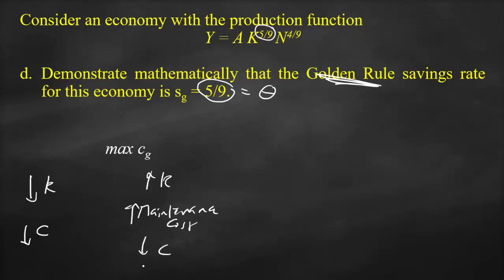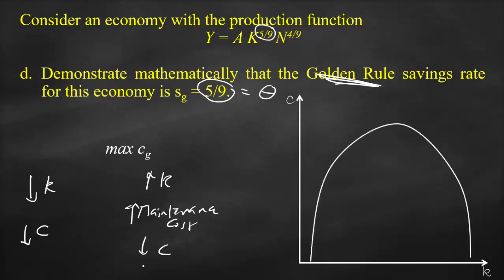That's why if I would like to draw the relationship between our capital per capita and consumption per capita, I will draw it here, and I will discover that our consumption function will be a concave shape, which means at a low level of capital, we have low consumption. At a high level of capital, we have low consumption as well. Consequently, in order to get our maximum C, I need to look here, where is the highest point?